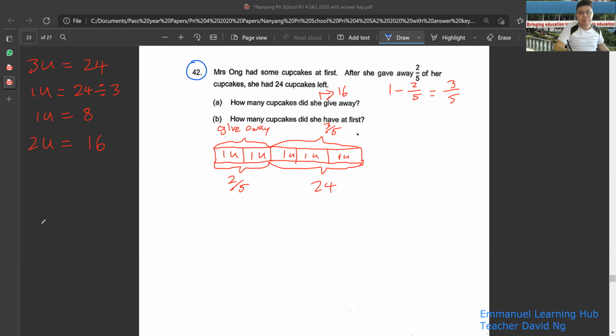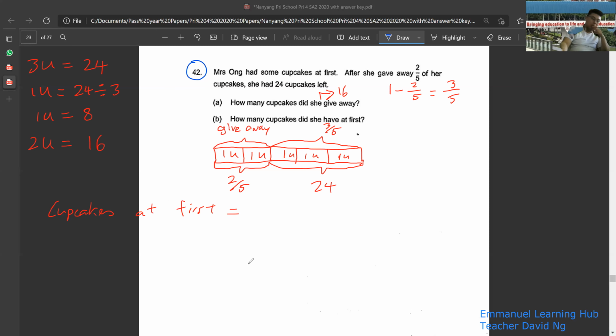What must you do? How many units you need to find? Cupcakes at first is how many units? How many units? You can count, right?